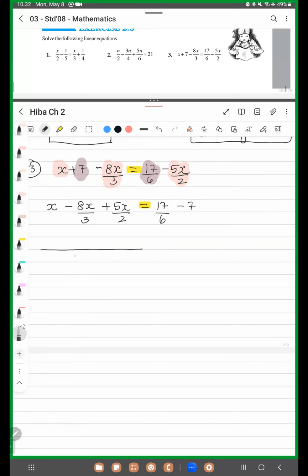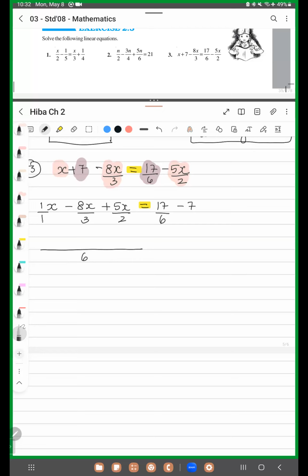Tell me step by step what is the LCM. The LCM of 3 and 2 is 6. देखिए, first of all, write this as 1 by 1. Okay.